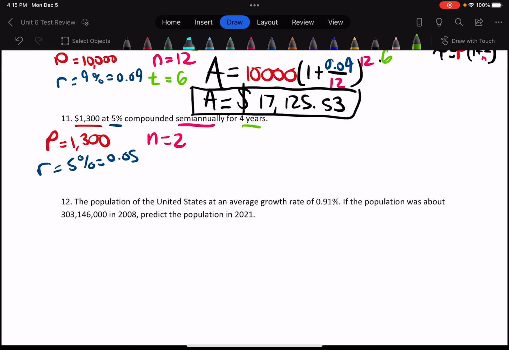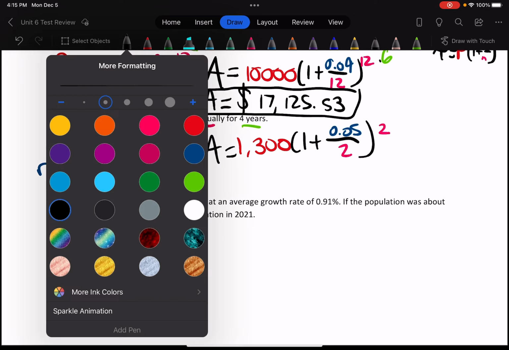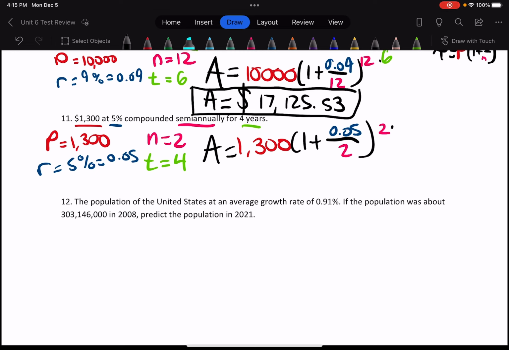And I'm looking over an interval of 4 years, so my time is going to be 4 years. So I have A is equal to that initial value of $1,300 multiplied by 1 plus my rate, which is 0.05, divided by 2, which is telling me how many times it's compounded per year, raised to 2 times the amount of years, which in this case, we're looking at a 4-year interval.